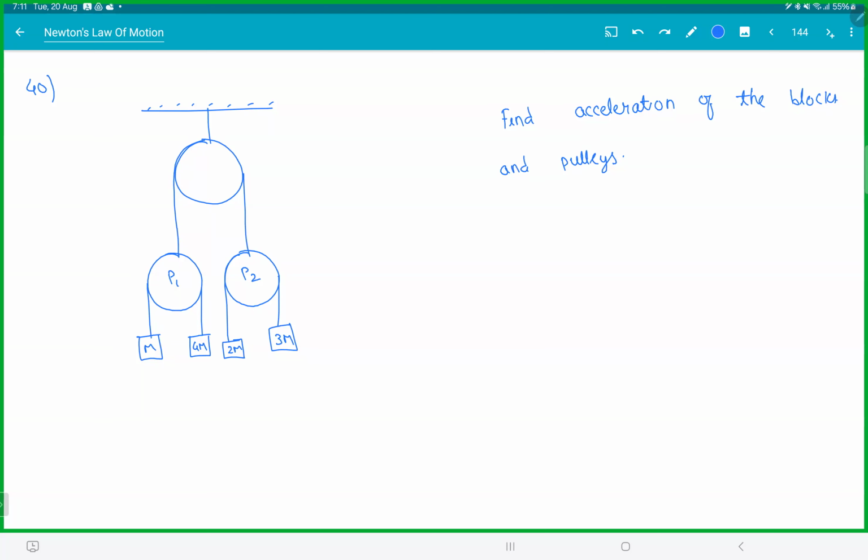Acceleration of block 1 is 0. It's interesting. See, I can replace this whole thing with one block, which is 2m into 3m by 5m, so that would be 6m by 5.